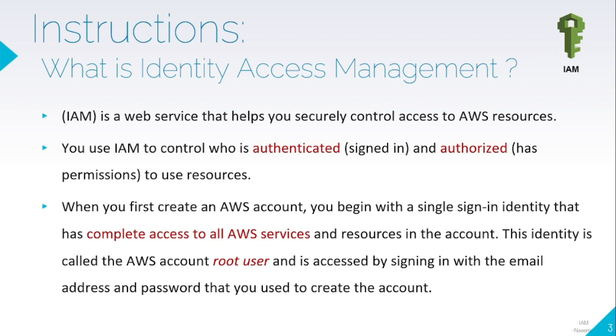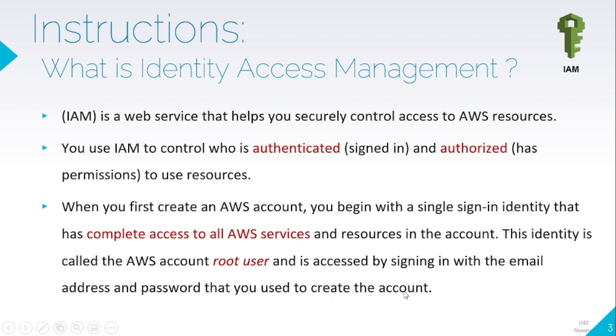For example, once you create an AWS account, they will give you a user ID and password. That user ID and password will be to access the root user. The root user is accessed by signing in with the email address and the password that you use to create the account.